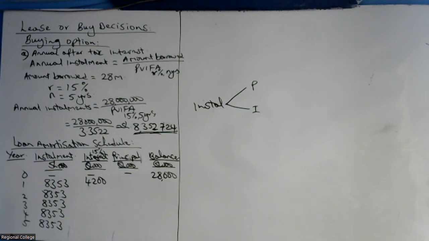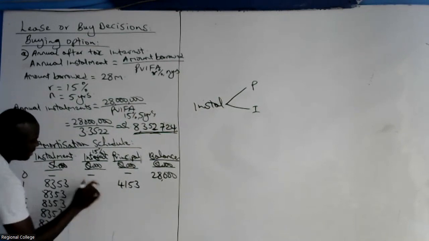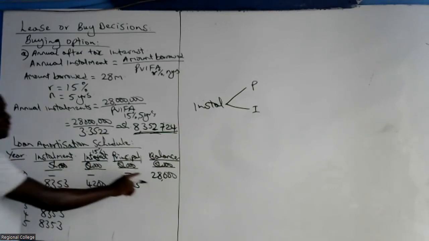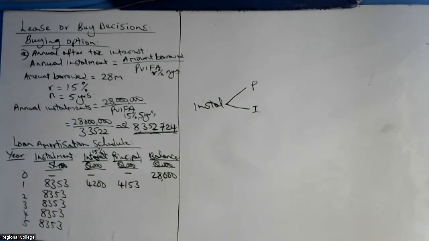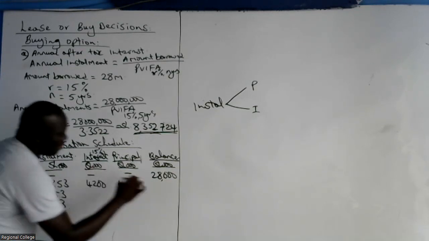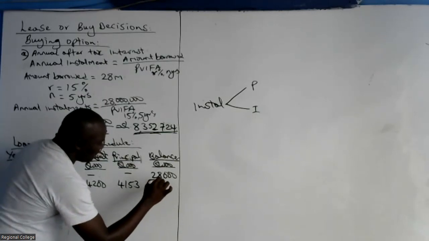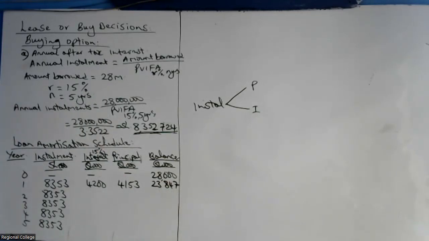The difference becomes the principal, which is 4,153. Principal is the loan that I have repaid. So starting the first year, my loan balance is 28,000, I have repaid 4,153. How much loan remains? 23,847. So that's the loan balance at the end of the first year, right?